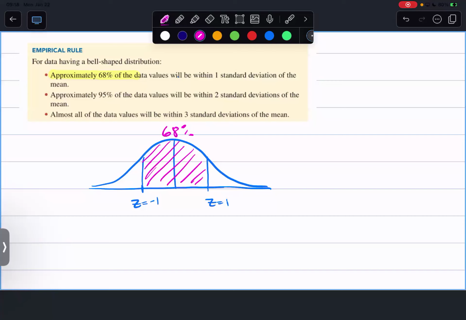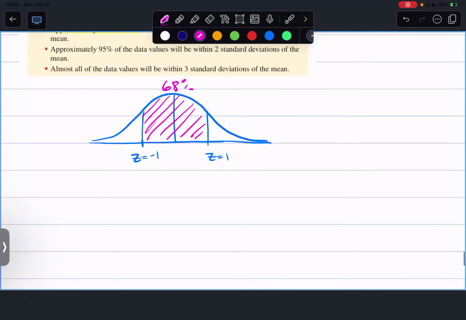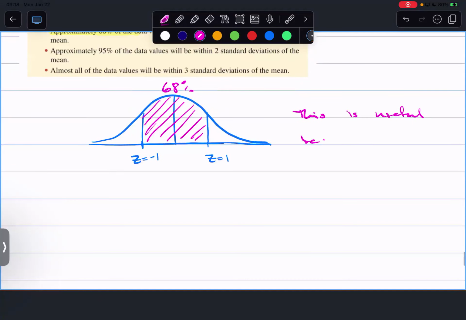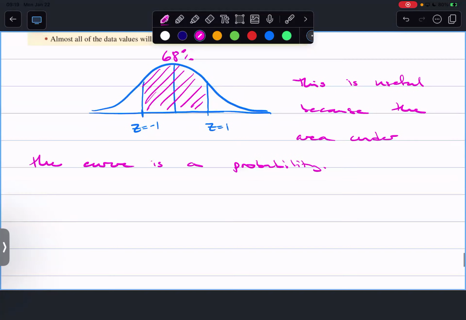Okay. That's going to be useful because the area under the curve is a probability. So what does that mean?